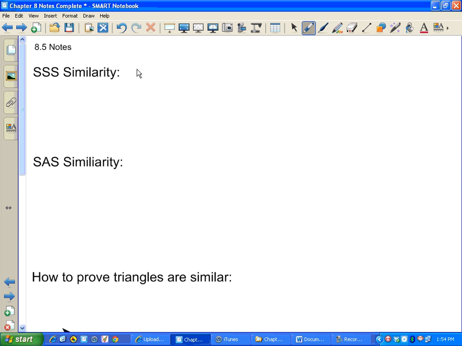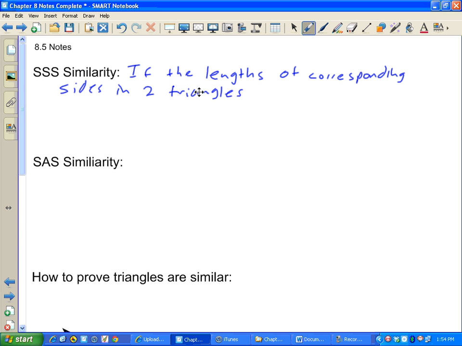Okay, so our side-side-side similarity theorem is going to say if the lengths of corresponding sides in two triangles are proportional, which means they have a constant ratio, then the triangles are similar.